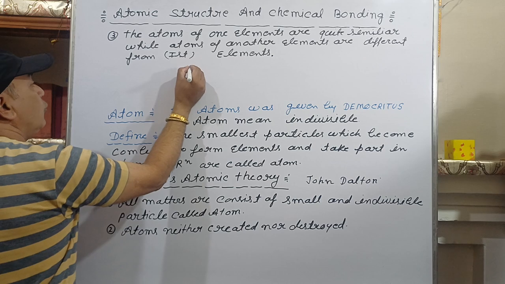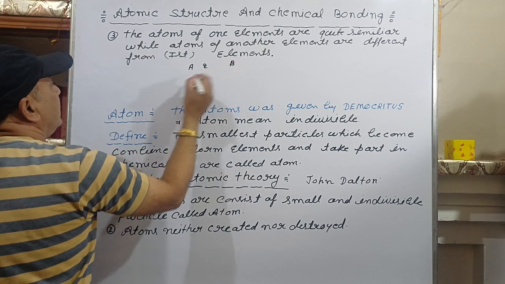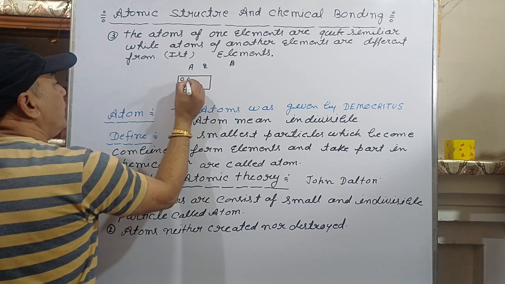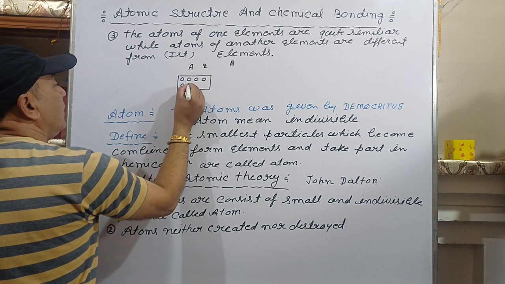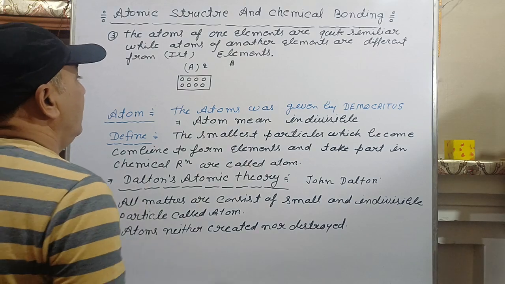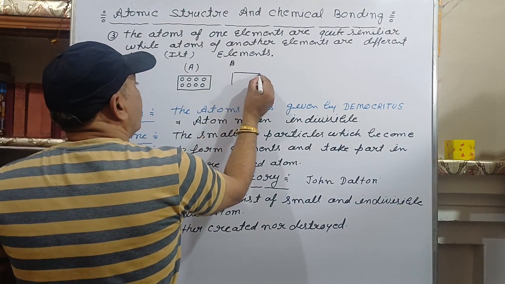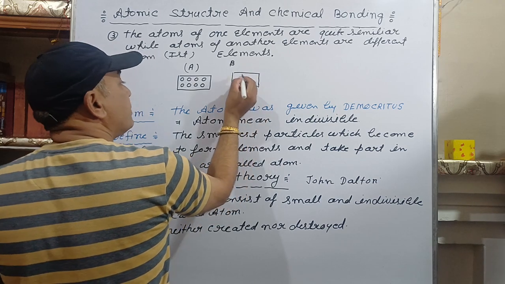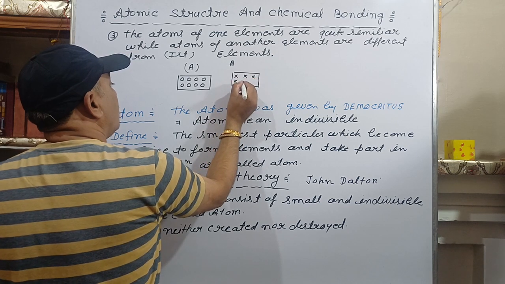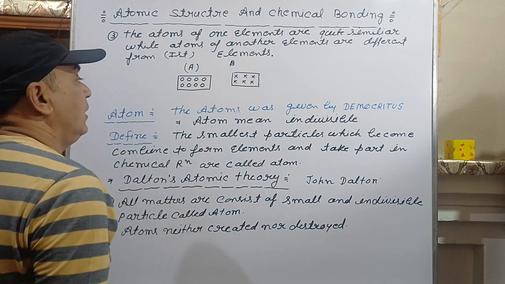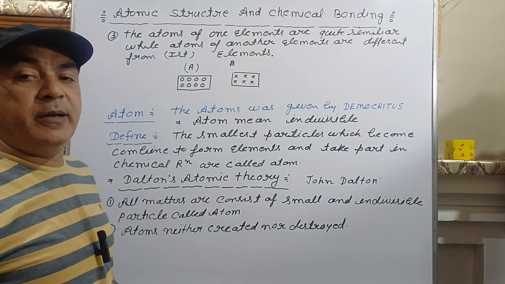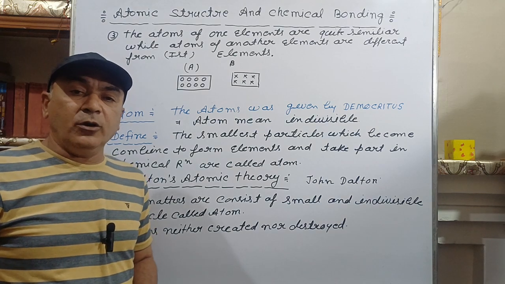For example, there are two elements, A and B. If A consists of rounded atoms, then all atoms of element A are quite similar, while element B consists of another type of atoms, suppose crosses. So elements A and B consist of different types of atoms.